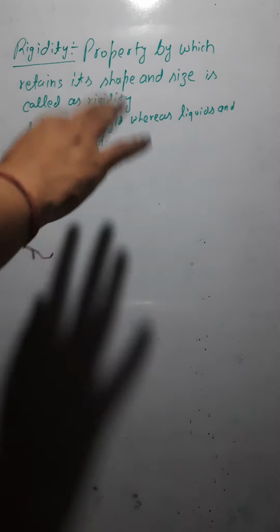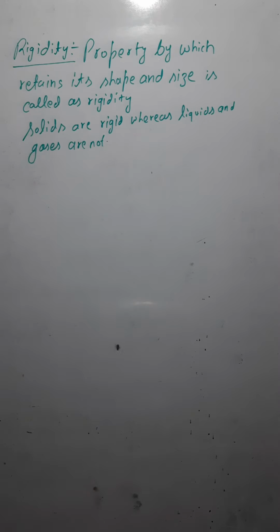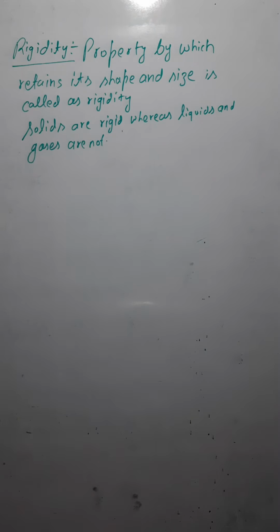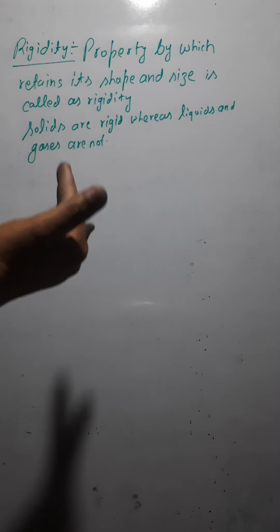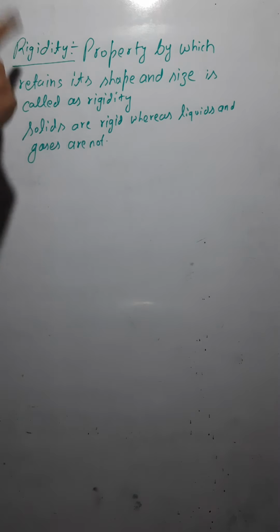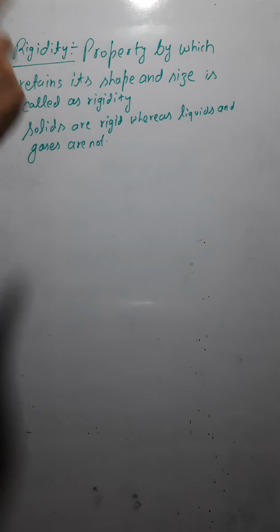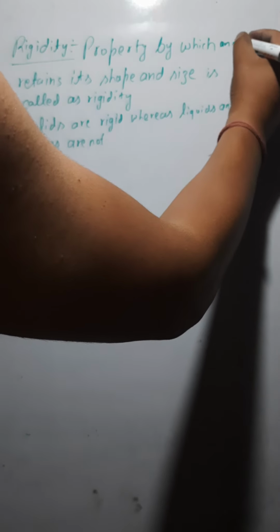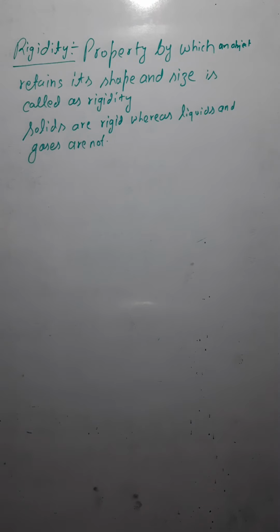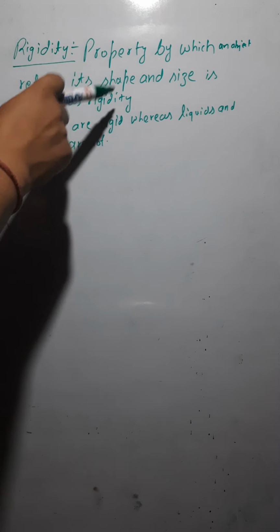Similarly, this is the case in gases also. Gases also change their shape and size. Hence we can say that this is a property of solids only. So solids are rigid. Rigidity means the property by which an object retains its shape and size.